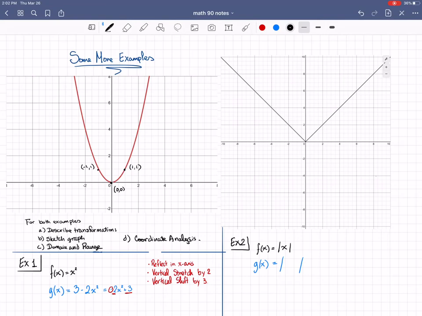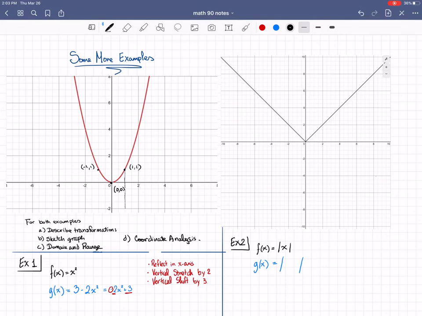So first, we reflect in the x-axis. So check it out. Reflecting it in the x-axis takes us down here. So at this moment, we're at the point 1, negative 1, and we finish the reflection. Vertical stretch by 2. Vertical stretch by 2 is going to double our y-coordinate. So starting at 1, negative 1, we're going to go down to 1, negative 2.